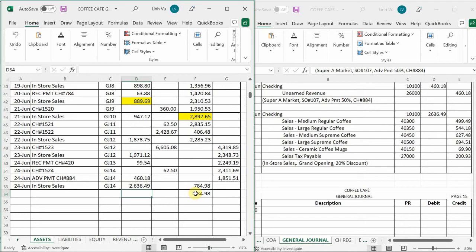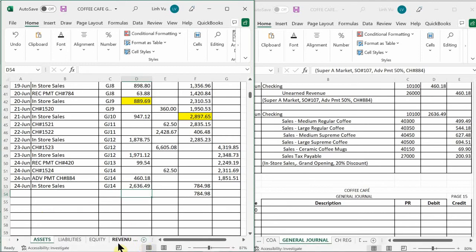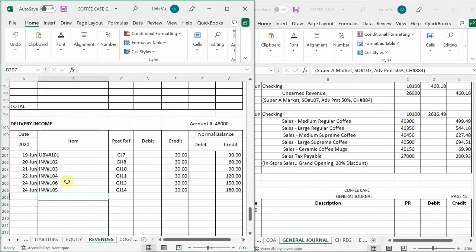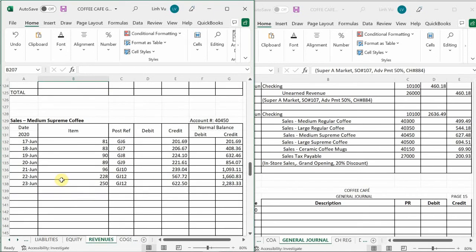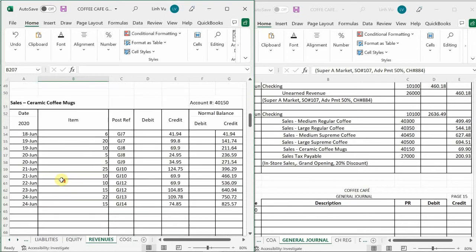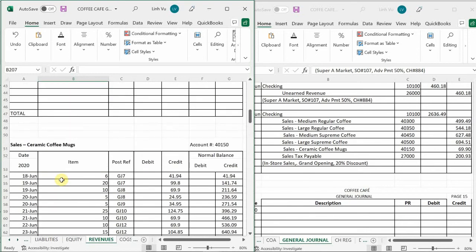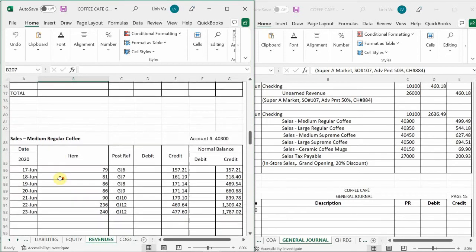I also now need to update all of my sales, because I ended up selling my coffee cups. So I need to record all of my sales, starting with medium regular coffee. Okay, here we go. Medium regular coffee.